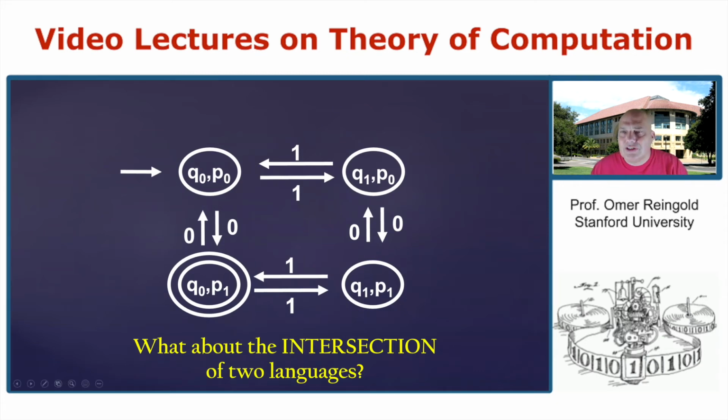We just need to change our notion of accepting states. So instead of accepting states being ones where either the first component is accepting in M1 or the second component is accepting in M2, we want both of them to be accepting.